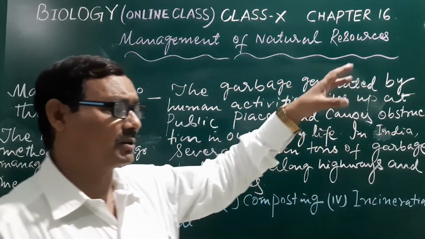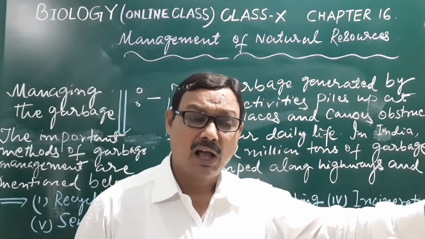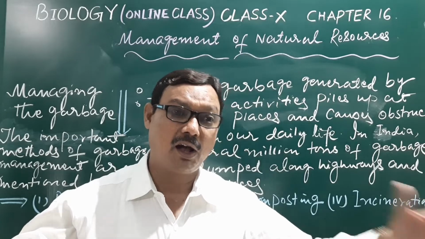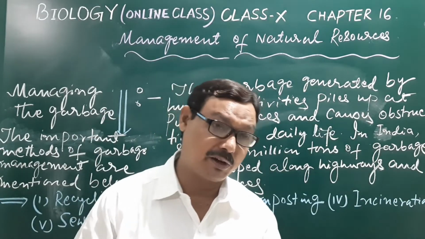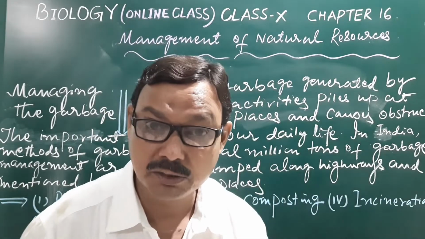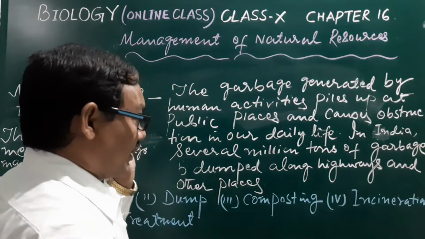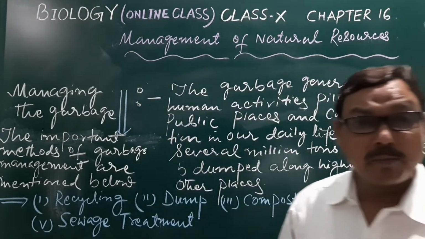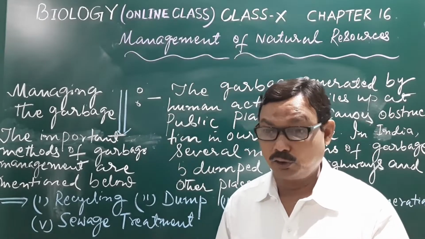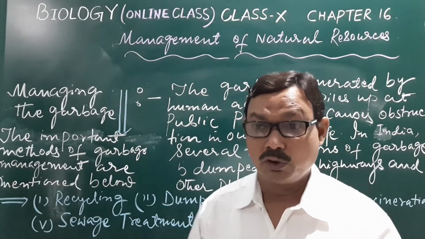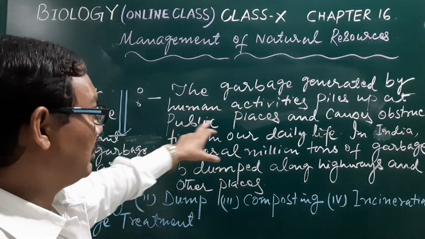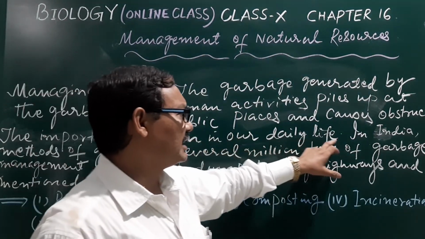Now understand, if that garbage is lying in public places and is not disposed of in a proper way, regularly, by the different measures, then what will happen? It piles up in public places and causes obstruction in our daily life.